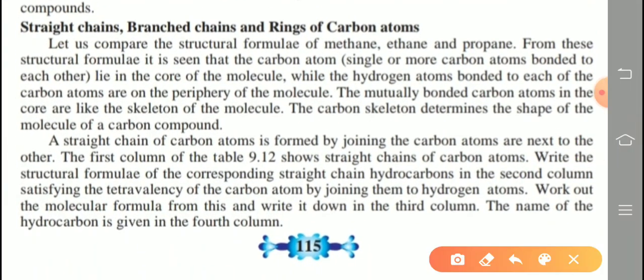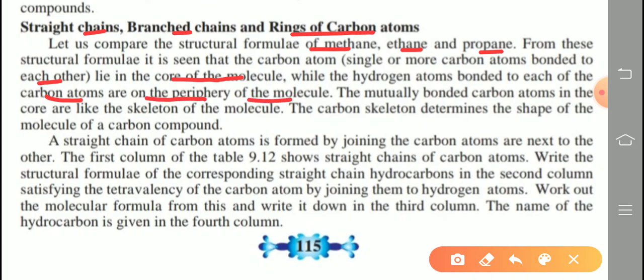Next one. Straight chain, branch chain and rings of carbon atoms. Let us compare the structural formulae of methane, ethane and propane. From these structural formulae, it is seen that the carbon atoms, single or more, bonded to each other, lie in the core of the molecule, means at the center, while the hydrogen atoms bonded to each of the carbon atoms are on the periphery, means around the carbon atoms of the molecule.